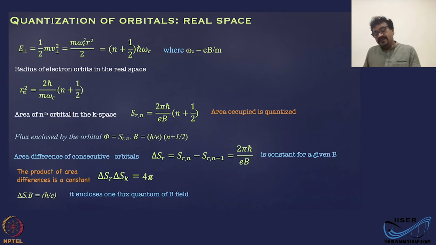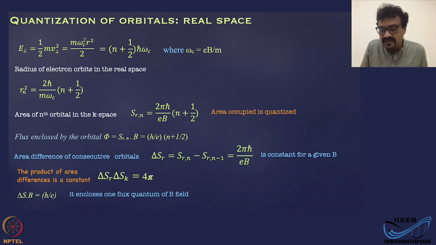So again, this is a free electron picture. Okay. Of course, that is very much applicable, because the two-dimensional electron gas is actually a free electron gas, which obeys the Fermi-Dirac statistics. Okay.